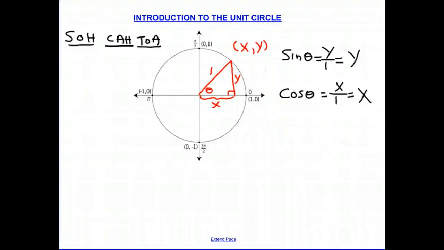So instead of writing x comma y, we could say this coordinate is the cosine of theta for x, and y is the sine of theta. So this point right here, yes, it's x, y, but it's really cosine of theta and sine of theta. Well, that makes for a very interesting unit circle, which is why we picked the unit circle, because now we know that the x coordinate is cosine of theta and the y coordinate is the sine of theta.